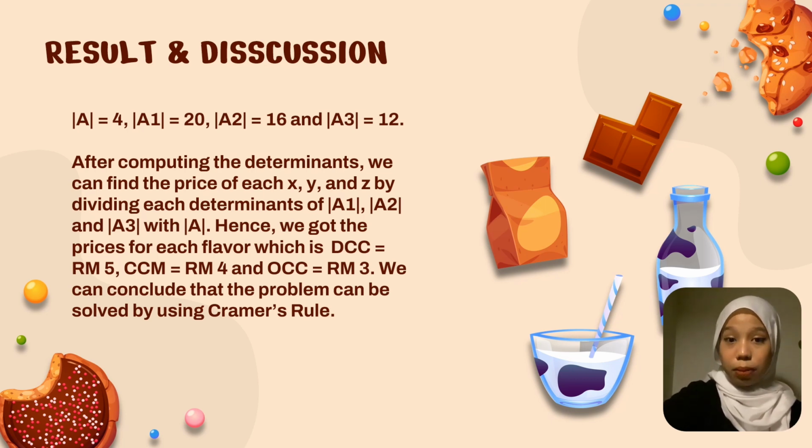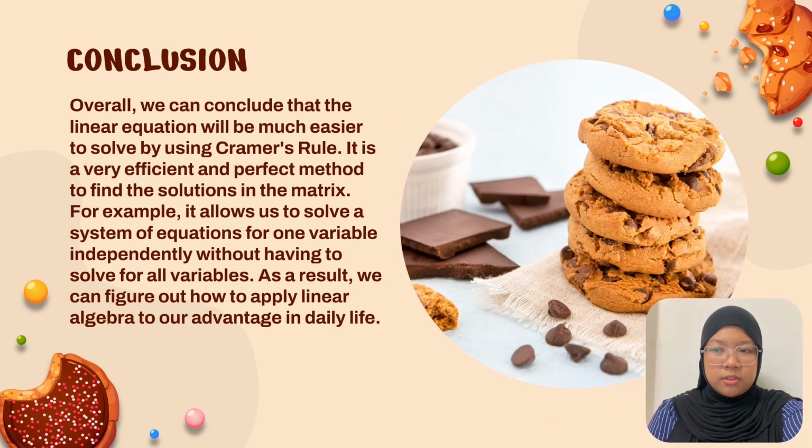After computing the determinants, we can find the price of each x, y, and z by dividing the determinants of A1, A2, and A3 by the determinant of A. Hence, we got the price for each flavor: DCC is 5 ringgit, CCM is 4 ringgit, and OCC is 3 ringgit. We can conclude that the problem can be solved by using Cramer's rule.